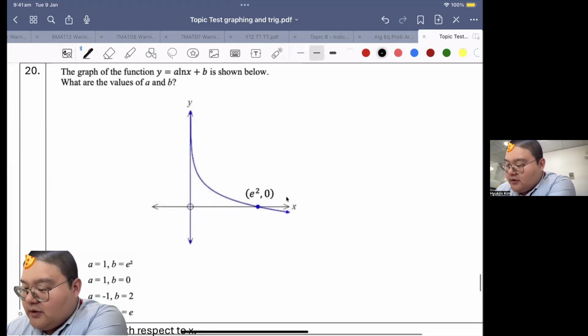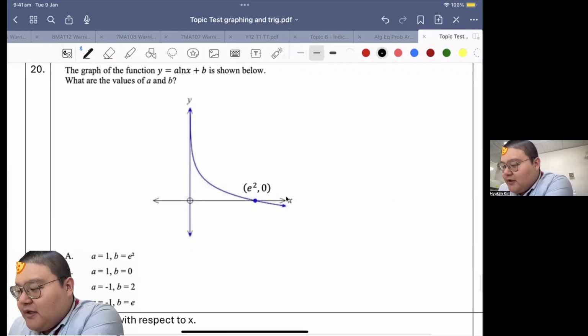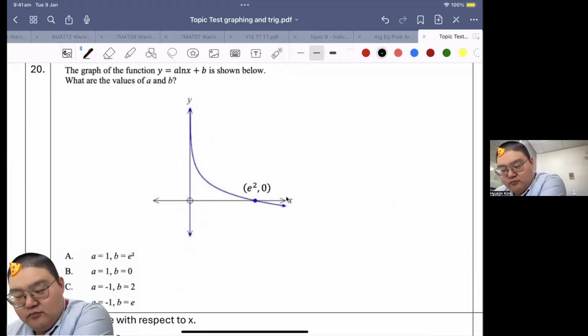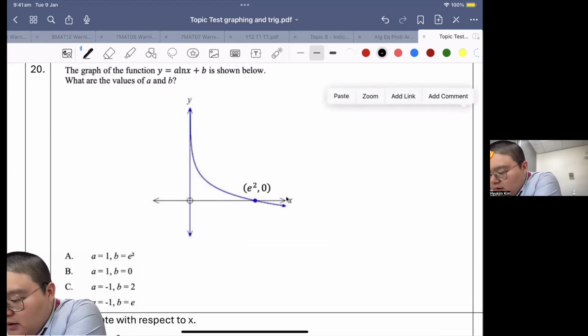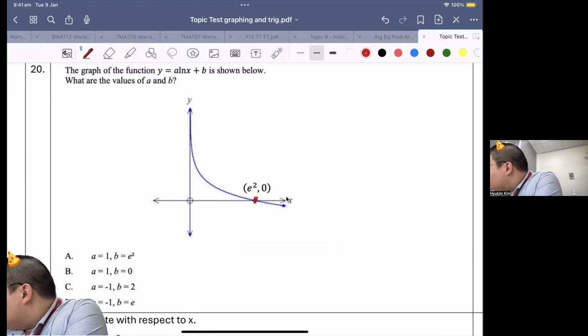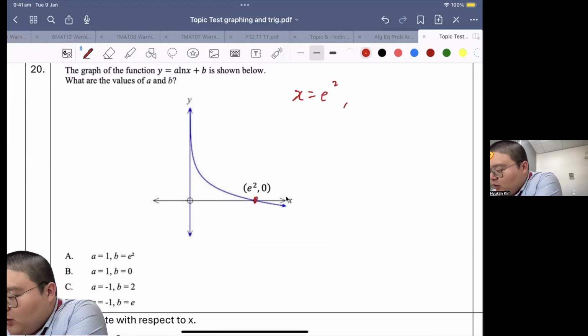Anyhow, the graph of the function a ln x plus b is shown below. What are the values of a and b? Well, what do we know? First thing first, you are given a coordinate here. That means x equals e squared and y equals 0.